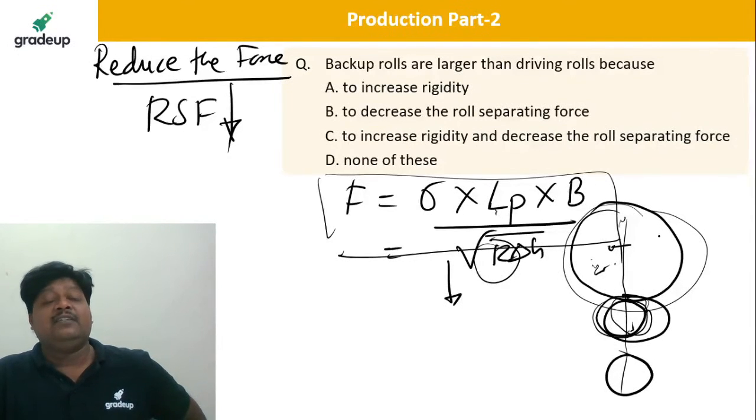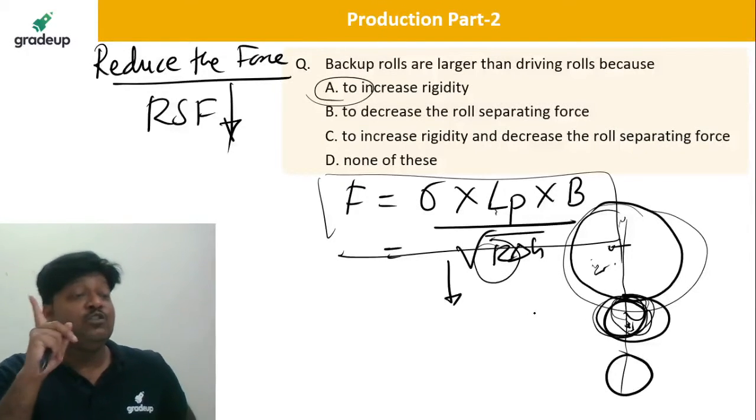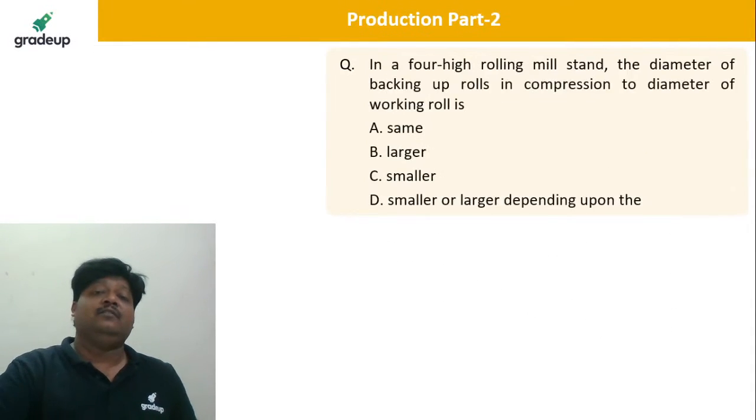So the more correct answer is A. Backup rollers help increase the rigidity of the setup for the rolling operation, but the reduction actually comes from the driving rollers. You get the roll separating force down, not by the backup rolls. Please remember this. A should be the correct answer, dear students.